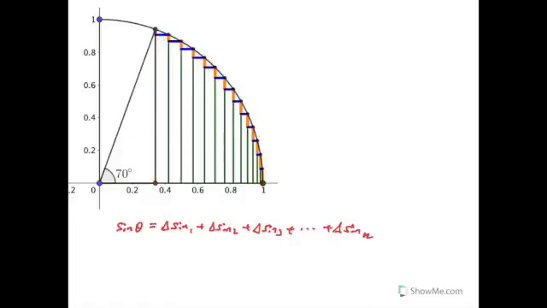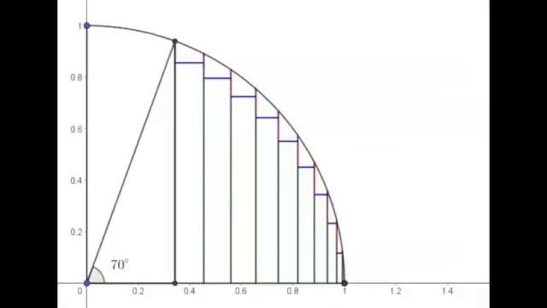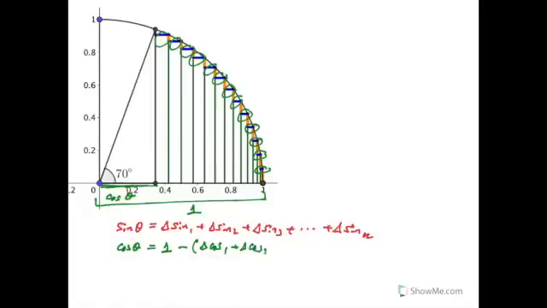On the other hand, if this green line here is cosine theta, and these little blue ones are delta cosine 1, delta cosine 2, and so on, the relationship is that cosine theta is not quite the sum of those things like it was with sine, but it's 1, the entire radius, minus the sum of all these little blue things, which are delta cosine 1 plus delta cosine 2 plus delta cosine 3 plus dot dot dot plus delta cosine n.